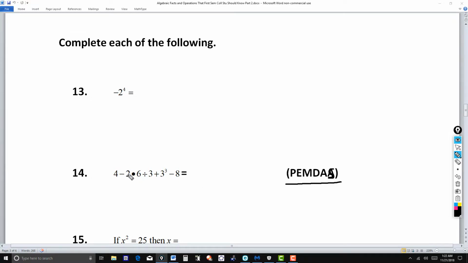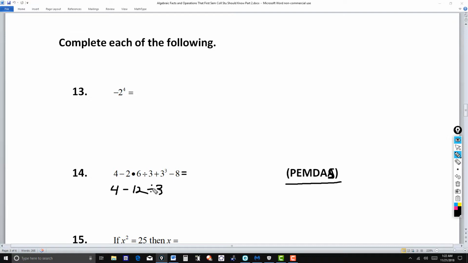Okay, so here we can say this is going to be 4. Leave the minus there for now, and then it's 2 times 6 is 12 divided by 3. Okay, so again, from left to right, division takes preference.